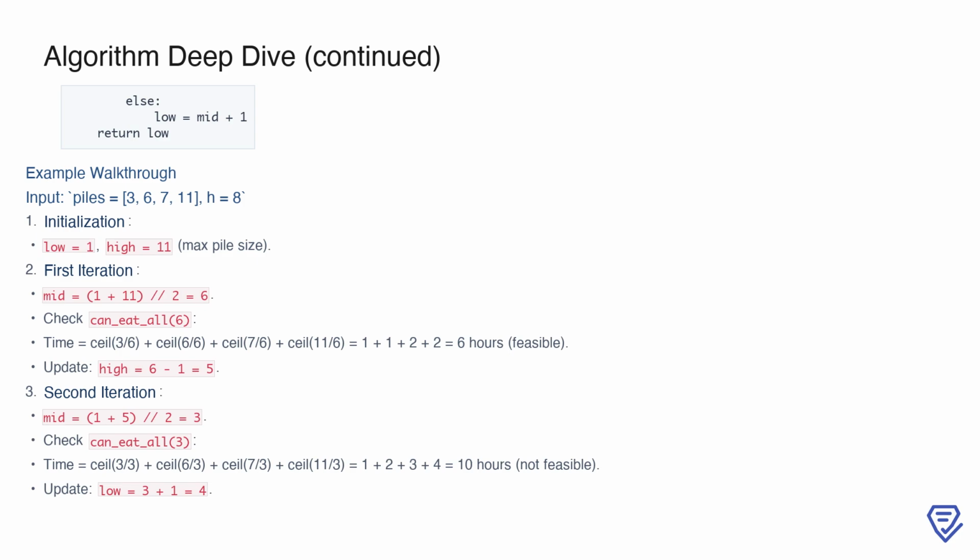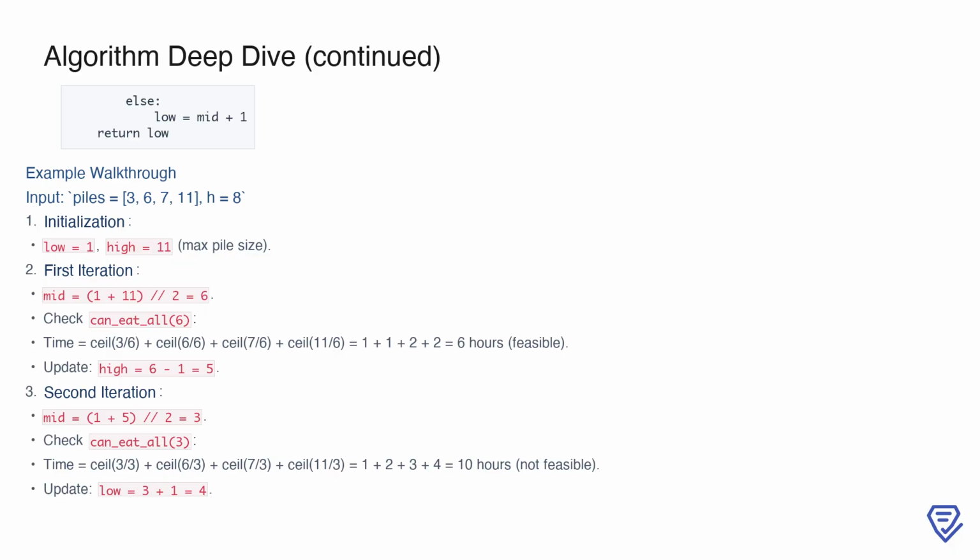To solidify this, let's walk through an example with piles equals [3, 6, 7, 11] and h equals 8. Initially, low is set to 1 and high to 11, the size of the largest pile. In the first iteration, mid is calculated as 6. Checking can_eat_all(6), we compute the time for each pile as ceil(3/6), ceil(6/6), ceil(7/6), and ceil(11/6), which sums up to 6 hours.